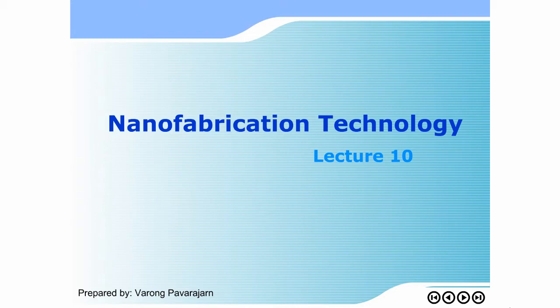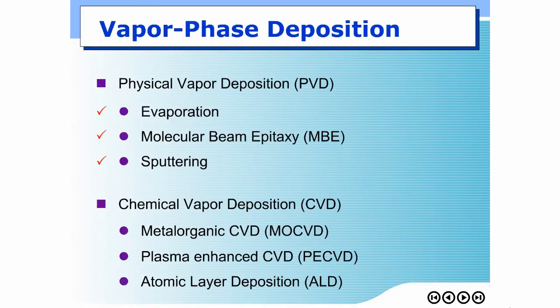The techniques that we mentioned in lecture 9 include evaporation, MBE, and sputtering, just like in this slide. So in this lecture we will cover the rest of the vapor phase deposition, including chemical vapor deposition, and we will move on to liquid phase deposition to conclude the lecture series.